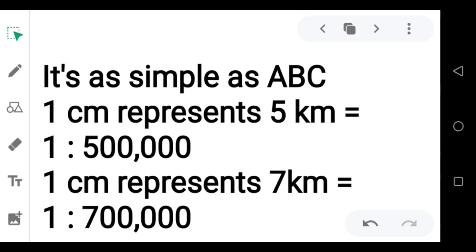It's the same as 1 is to 500,000. Merely seeing it, the answer should just come to your mind. When you see 1 centimeter represents 7 kilometers, it's the same thing as 1 is to 700,000, or 1 divided by 700,000. It's a fraction.